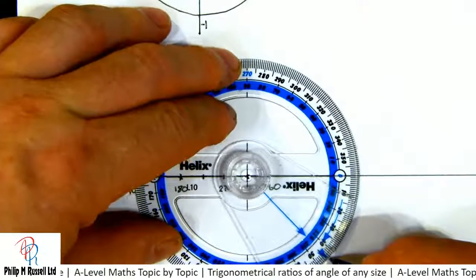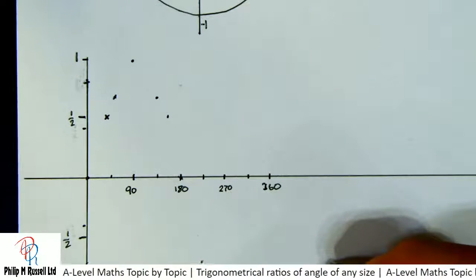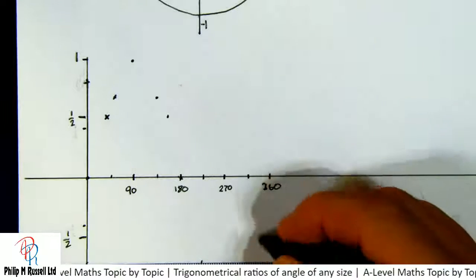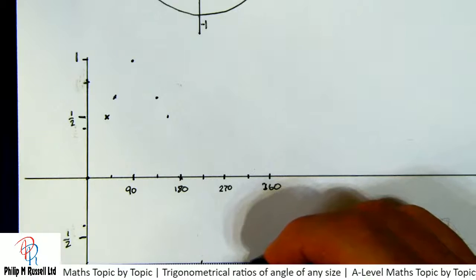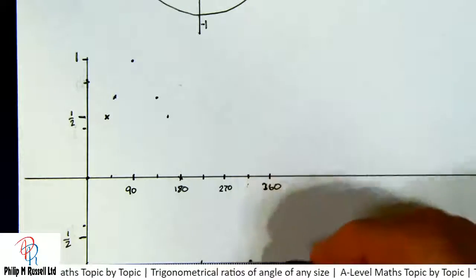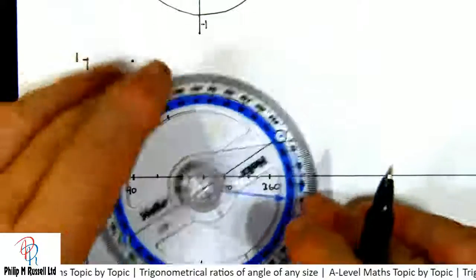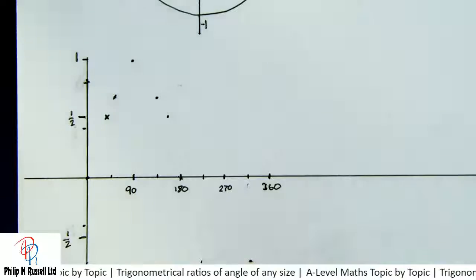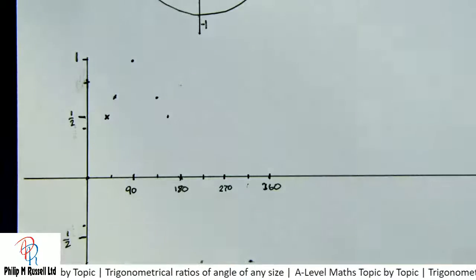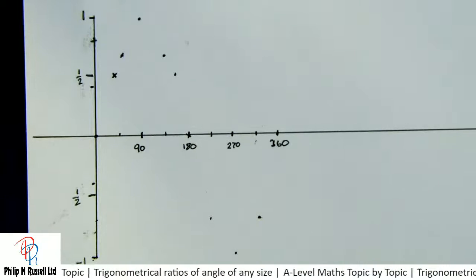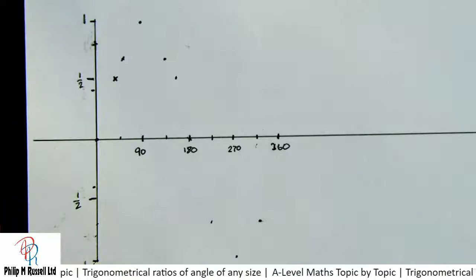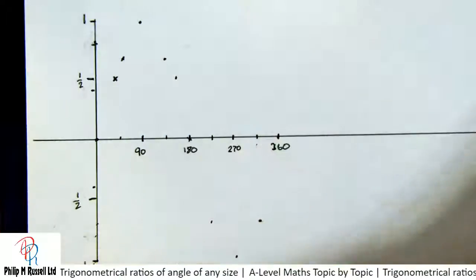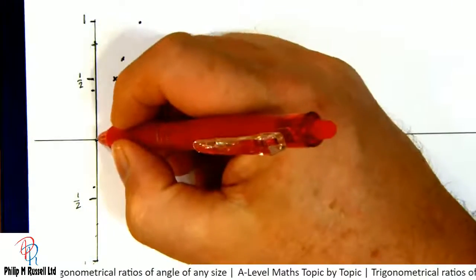So there's my height at that point, about there, and at 360 we're back to 0 again. So I've got a few points to look at, and let's see if we can draw up these lines. I've done a few more at the beginning.